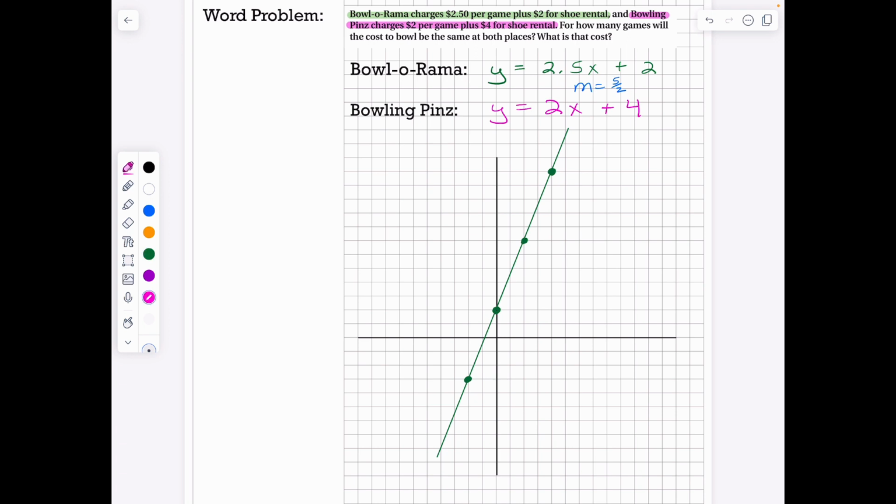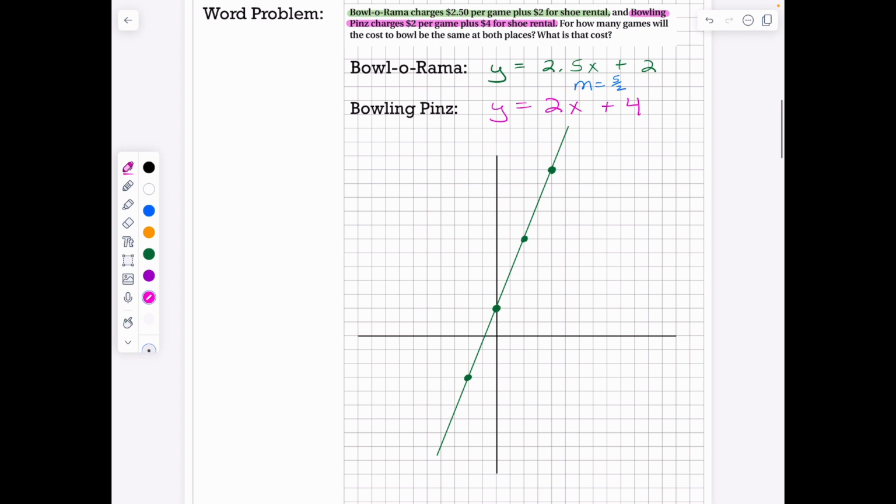Now I want to plot Bowling Pins. Bowling Pins is a little bit easier to graph here. My y-intercept is at 0, 4. And then from there I use the slope of 2 to find more points. So I go up 2 over 1, up 2 over 1. Oh, that's so close.